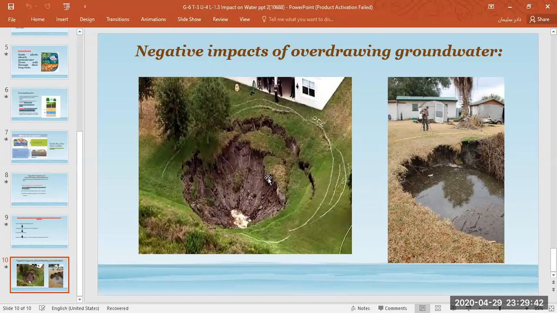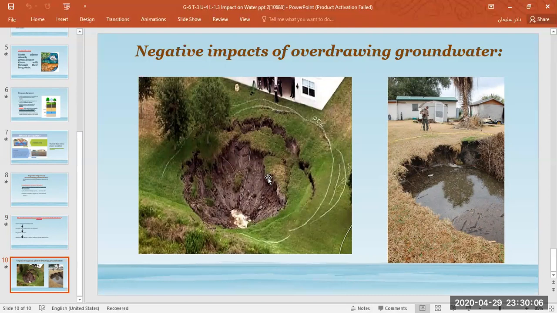So again, an aquifer is an area with rocks, sandstone, and sediments that hold groundwater. If this groundwater is not replaced properly, or the amount taken is more than the amount replaced, this creates spaces in the aquifer.